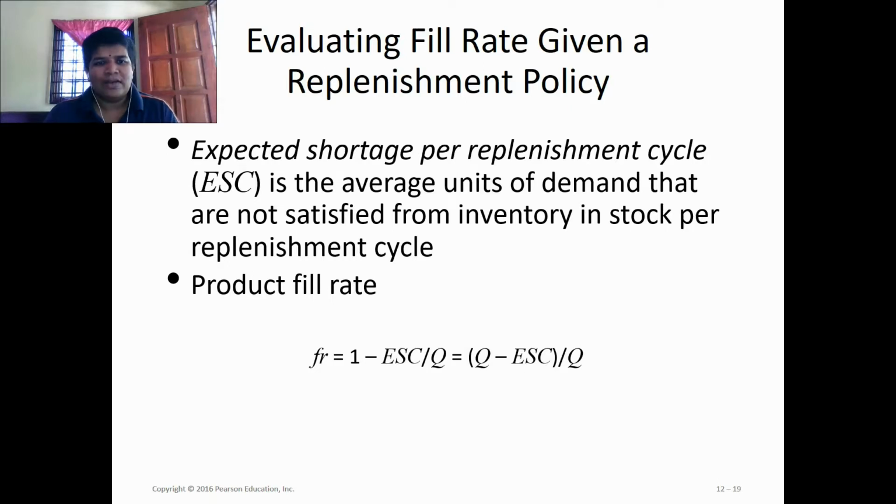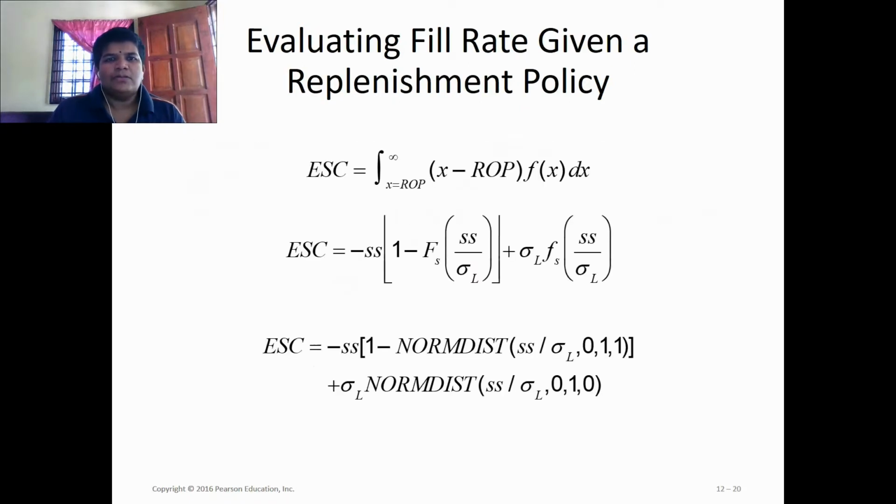So product fill rate, which we already know, FR, is equal to 1 minus ESC, the expected shortage per replenishment cycle, divided by Q, the quantity, which is equal to Q minus ESC divided by Q. Okay, so these are the given formulas to evaluate fill rate.